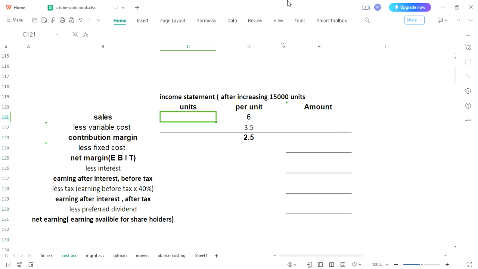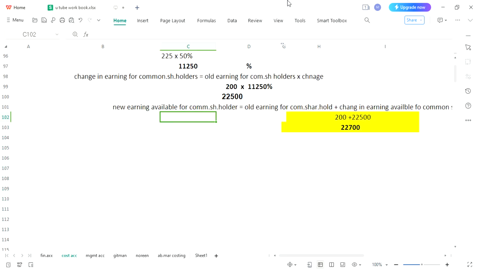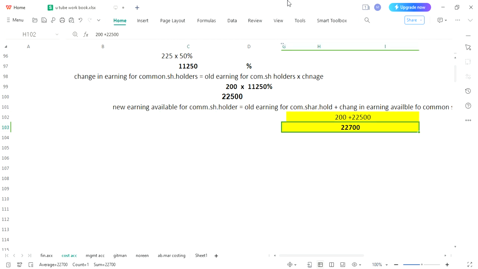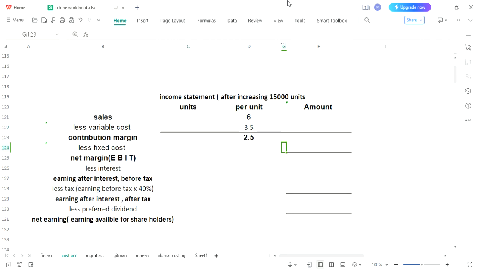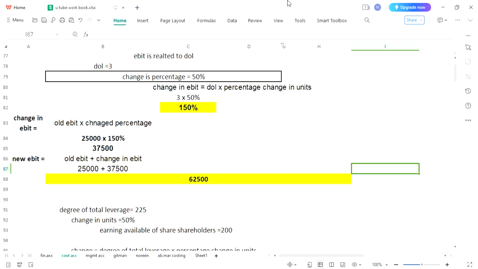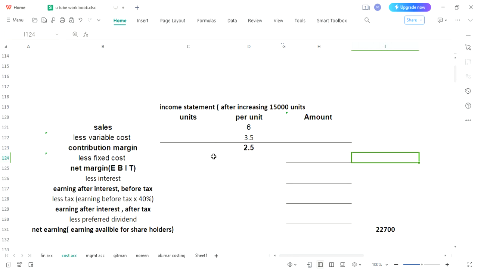Okay, please understand what we have decided. This should be your income available, 22,700 income available. We are writing it over here, 22,700, and EBIT was also predicted. This is your EBIT, and that should be 62,500.